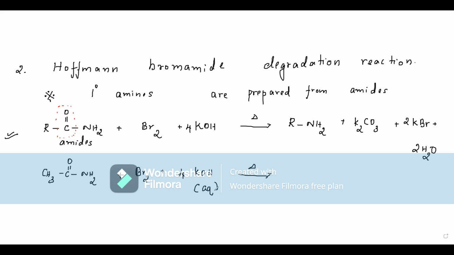It can even be alcoholic solution, as in you can dissolve KOH in water or you can dissolve KOH in alcohol. Now, this CO is what we are removing initially. Therefore, we will be getting CH3NH2 plus potassium carbonate plus potassium bromide plus water.